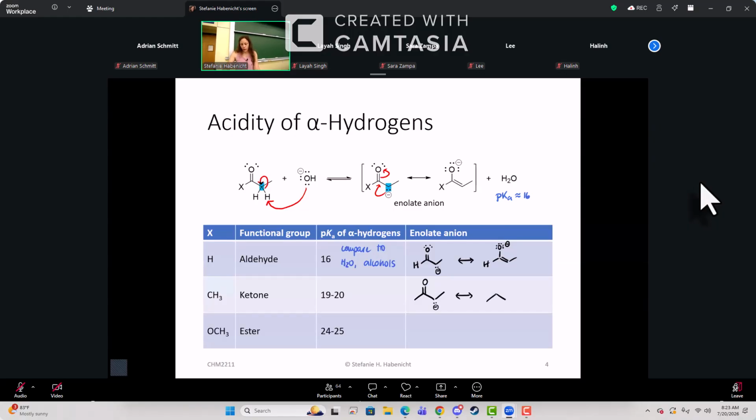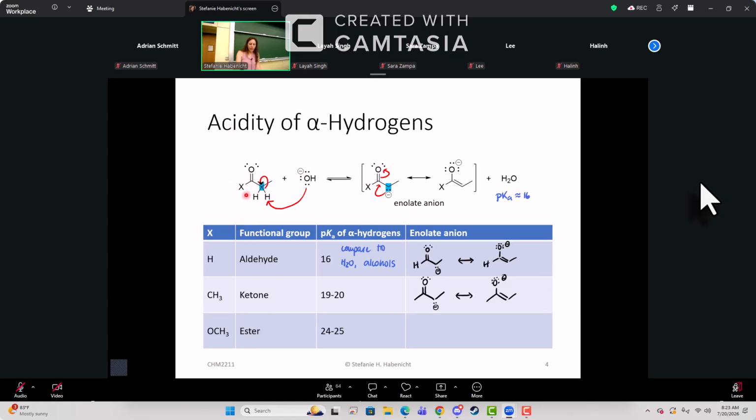This is what that would look like. These are our two contributing resonance structures, minor and major. I can't think of a species off the top of my head that has a pKa in the neighborhood of 20 aside from a ketone. So there's that. Moving on, last scenario here.